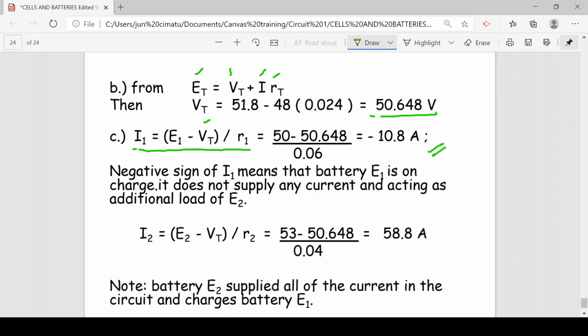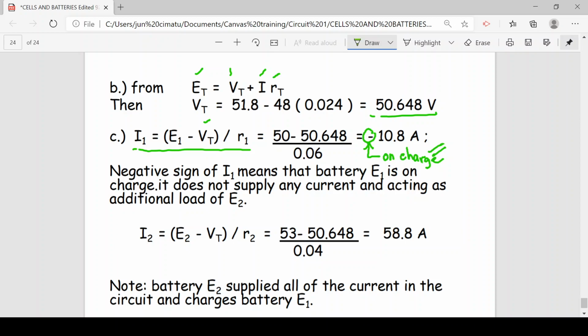This gives us negative 10.8 amperes, and the negative means that the battery is not delivering any current. The battery is on charge. It is charging. The battery is not supplying any current. It is acting as a load, and it draws current from the battery E2.